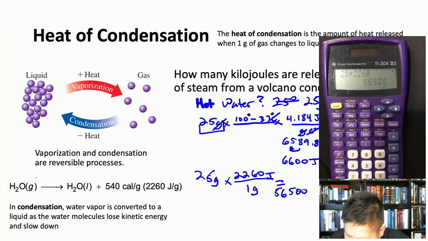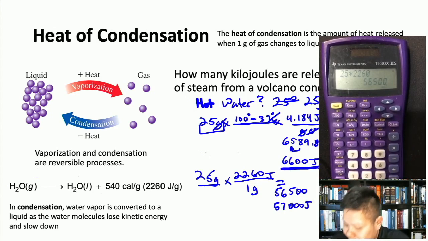Again, we're going to need two significant figures because we have two significant figures as the lowest. So that rounds up to 57,000 joules. So hot water touching my skin only releases 6,600 joules, but steam condensing on my skin releases 57,000 joules.